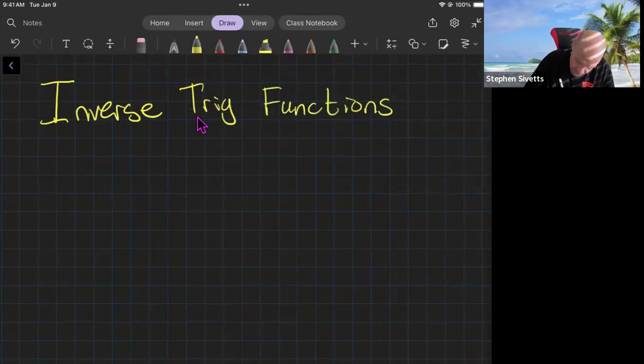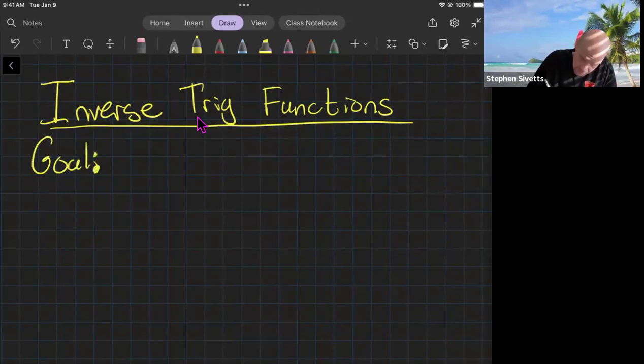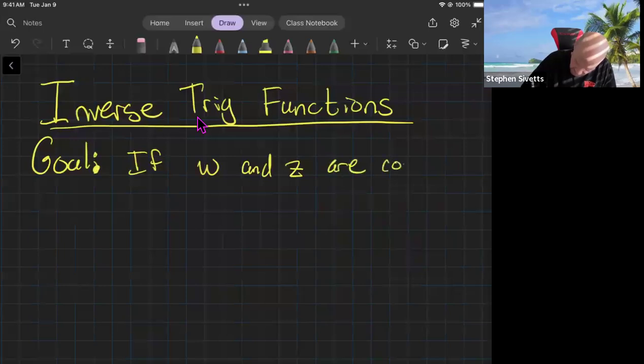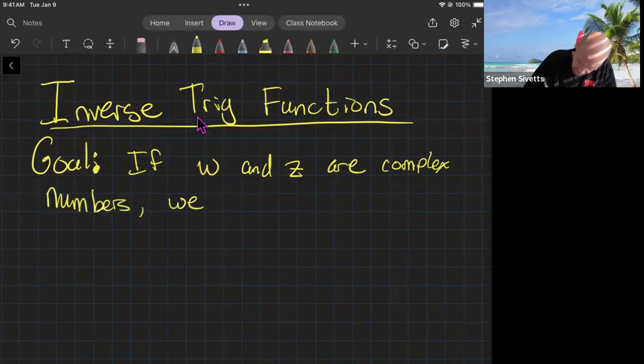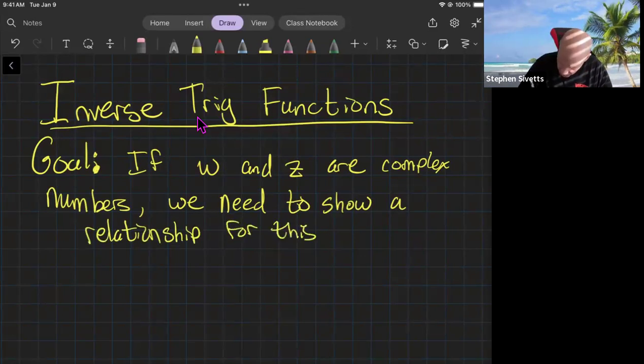So the goal here: if w and z are complex numbers, we need to show a relationship for this equation.